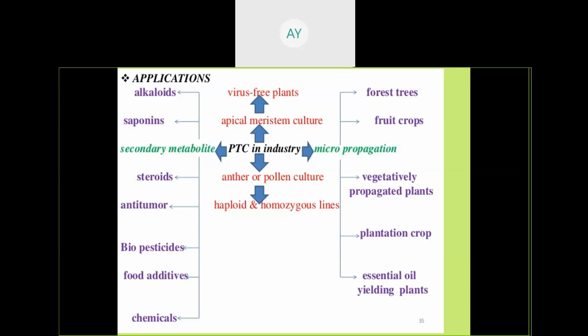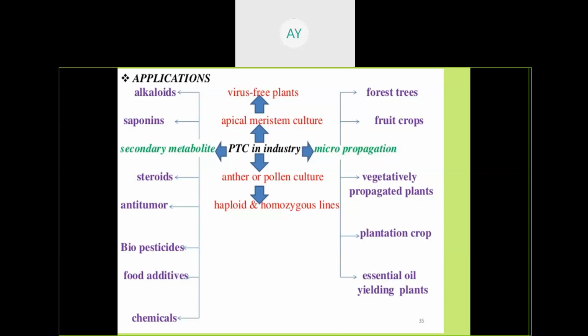So this is the reason: the endogenous oxygen production at the apical meristem portion is what we are going to utilize for the rapid multiplication of plants that are free from virus. That's why we get the virus free plant, and we do all the processes of plant tissue culture.